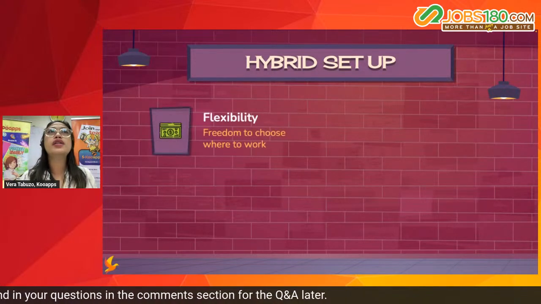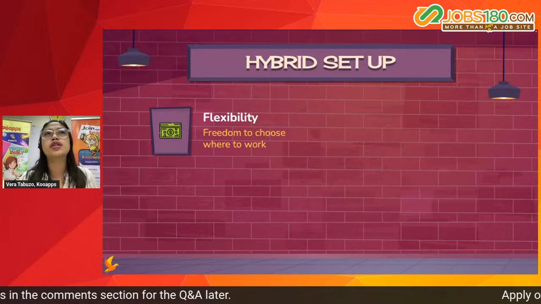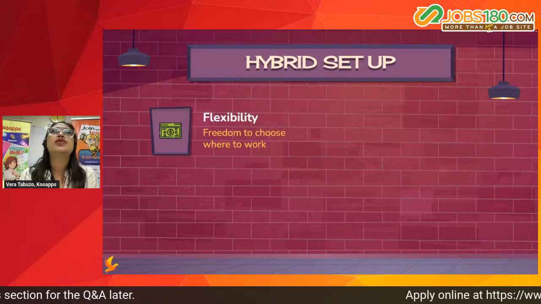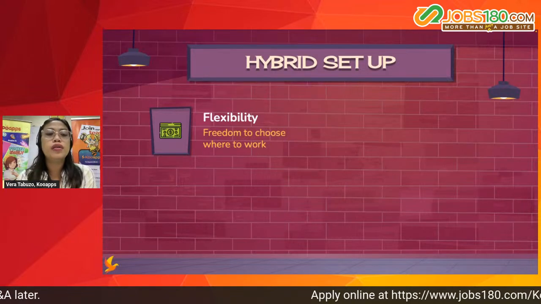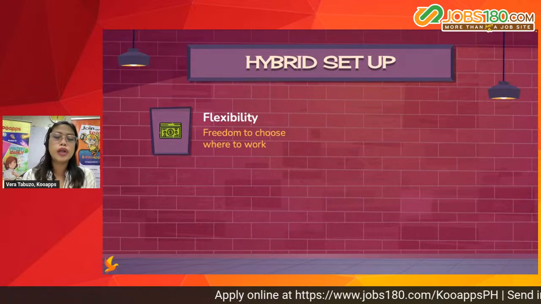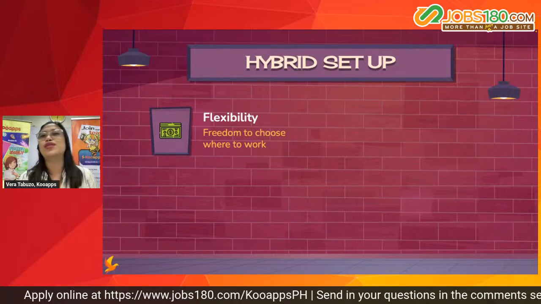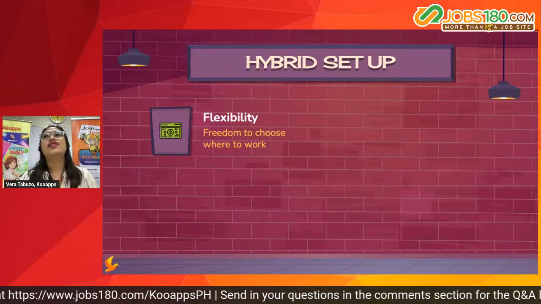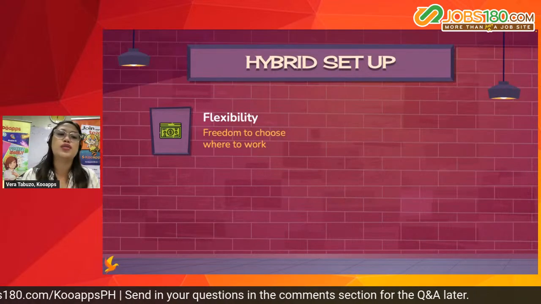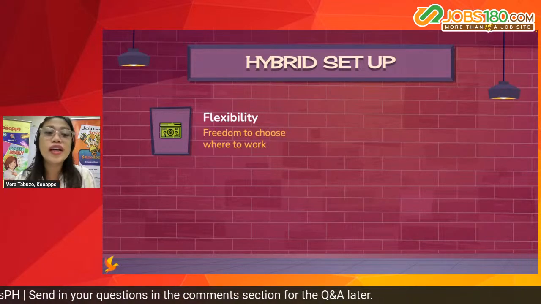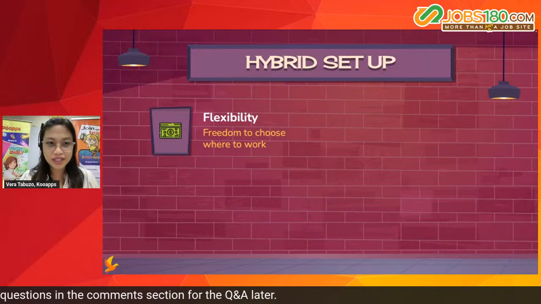So for the additional advantages that you have in a hybrid setup, of course you have the flexibility, you have the freedom to choose where to work. So if ever it's hot in your home, you can go to office even though it's not on your designated schedule. So you can go to office, enjoy the free aircon and the fast internet.